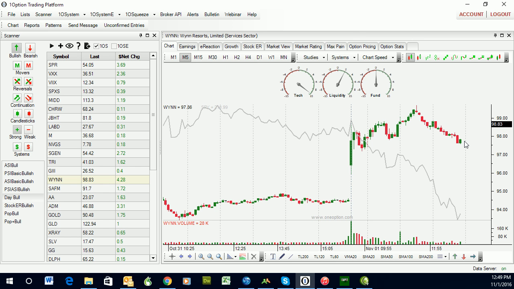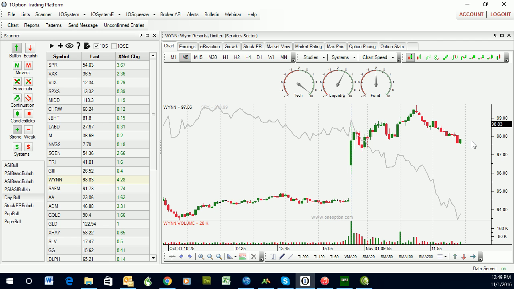So the key is to make sure that I'm always targeting that 80% level. Well, every minute that ticks by when the market is flatlining, every minute that ticks by when the stock is flatlining, my probability of success goes down because I thought the market was going to rebound. I thought the stock was going to rebound, and it didn't happen.